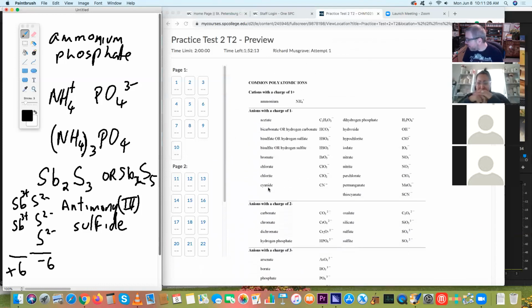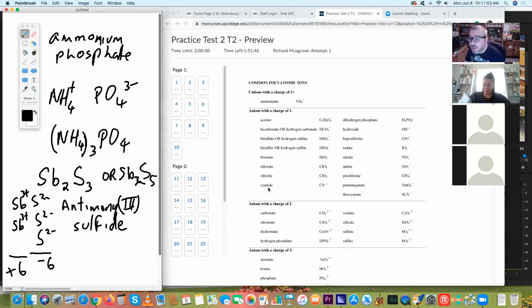So the elements in the periodic table have names. It's not another name. Sb is only known as antimony. It's not known as anything else. So is that the only one? For Sb? Yes, absolutely. It's a unique name.